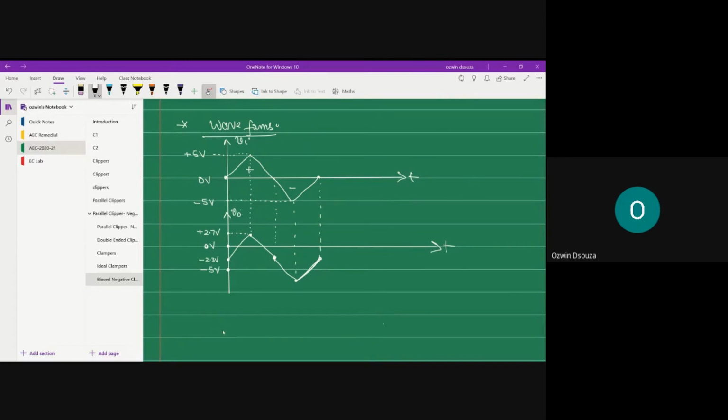Now, can anyone tell me what is the DC shift in this particular clamping circuit? Can you quickly type your answer? What is the DC shift for this biased negative clamper? Minus 2.3. So this is a negative clamper in which the wave is getting pushed down by an amount of minus 2.3 volts.